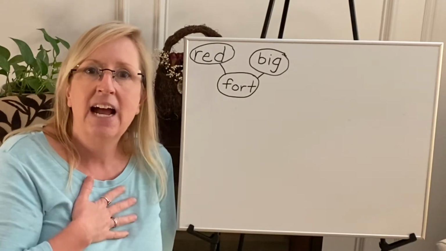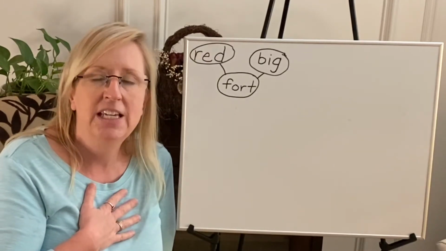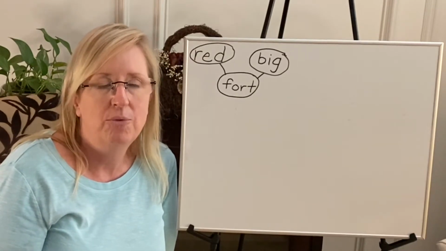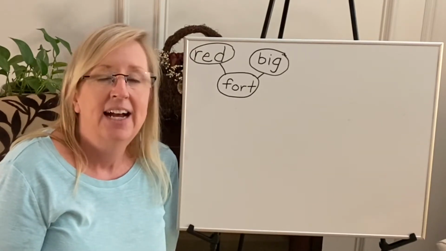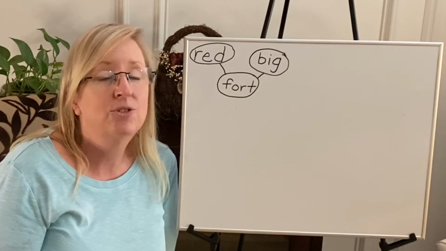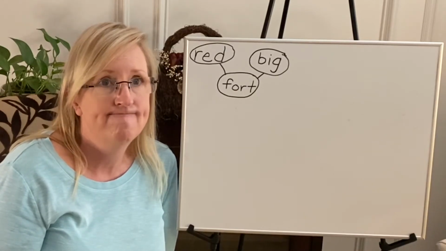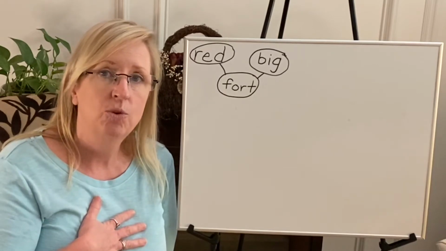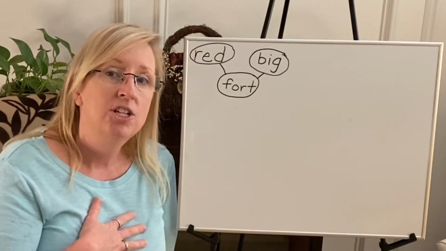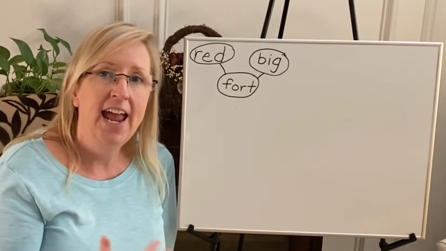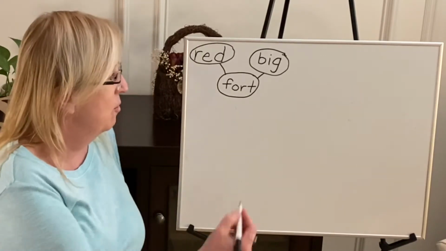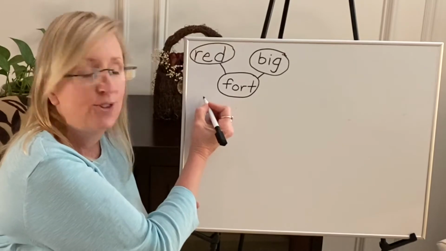And then I like to have some way that I feel, some feeling thing that I want to write about when I'm doing writing. And my fort is going to be fun, and it's going to make me feel, my feeling word is going to be happy. So I'm going to write fun and happy to help me know that those are words that I want to write in my story today.